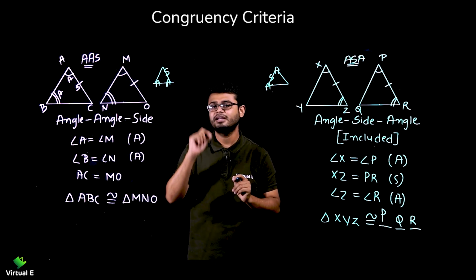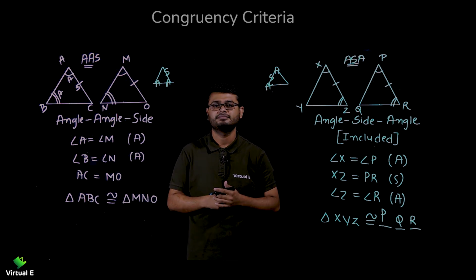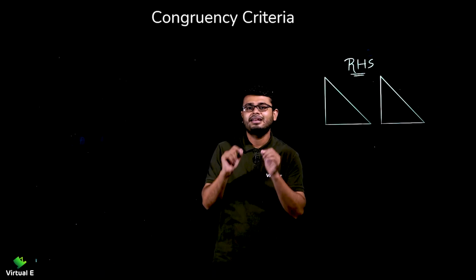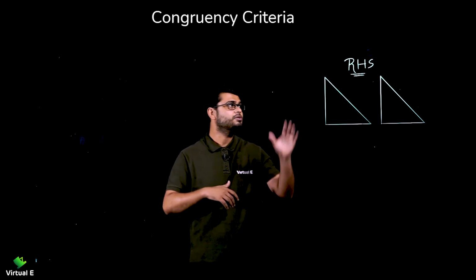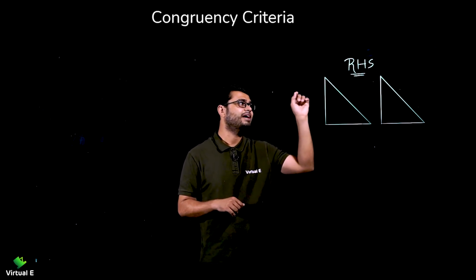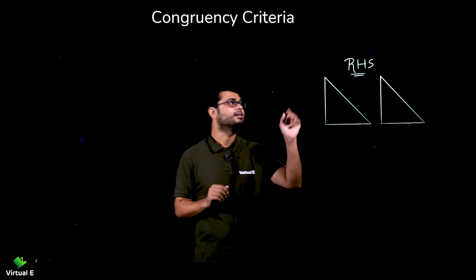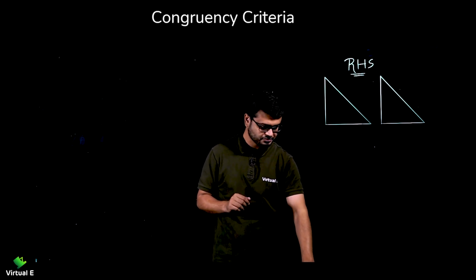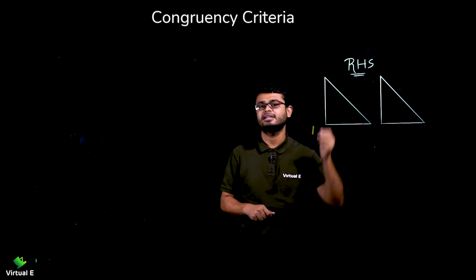Now there is only one condition left, which is based on the right angle triangle. Let's discuss the last criterion to prove two triangles congruent, right? So this is RHS, right? You know the meaning of S, you don't know the meaning of H, or maybe you have an idea, it's good. So this specific criterion is for right angle triangle.